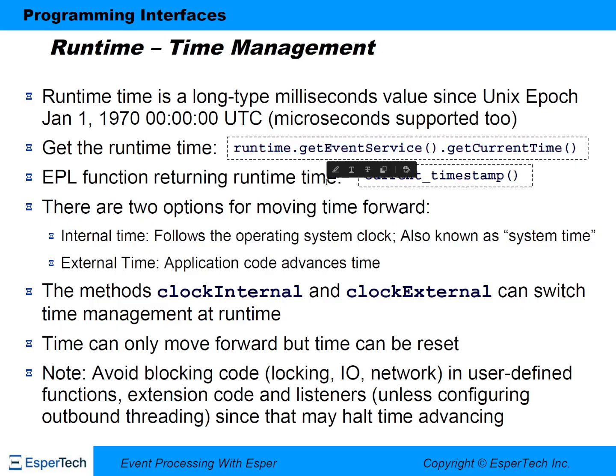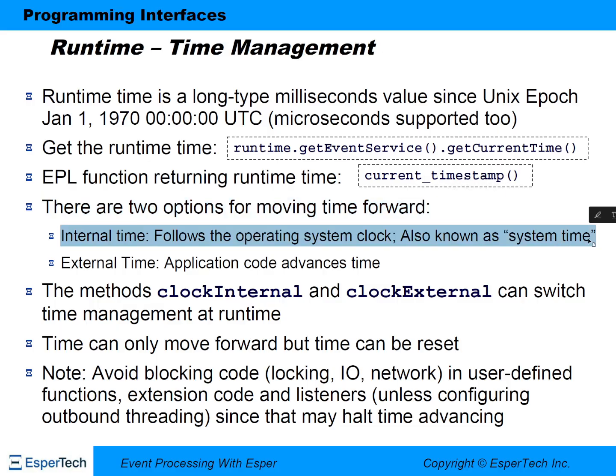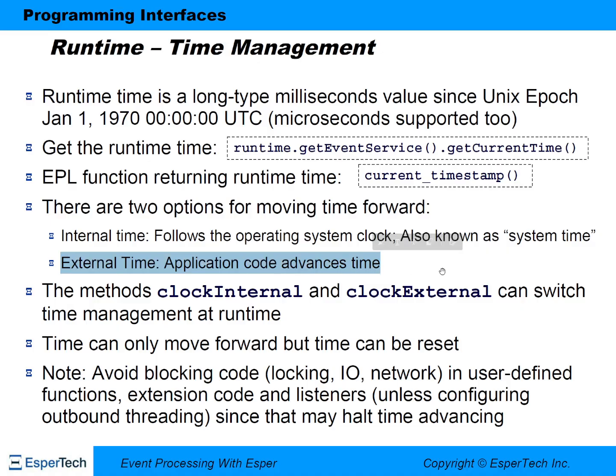The EPL function that returns the current runtime time is current_timestamp. There are two options for moving time forward. Internal time follows the operating system clock. It is also known as system time. External time is when application code advances time.